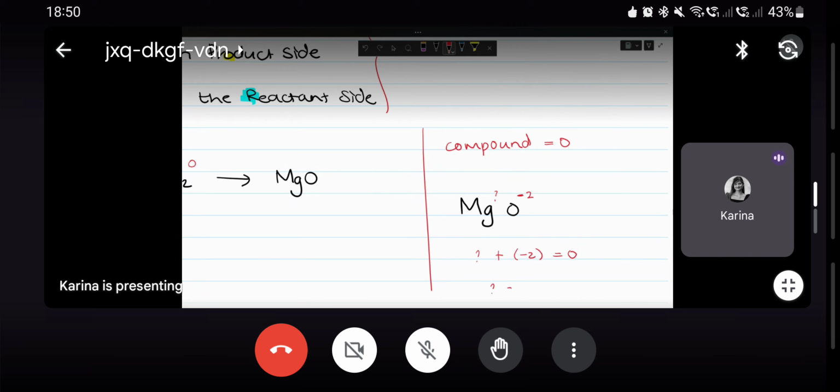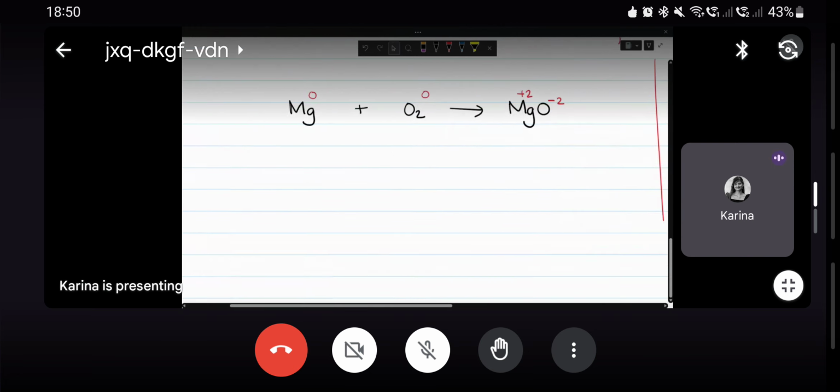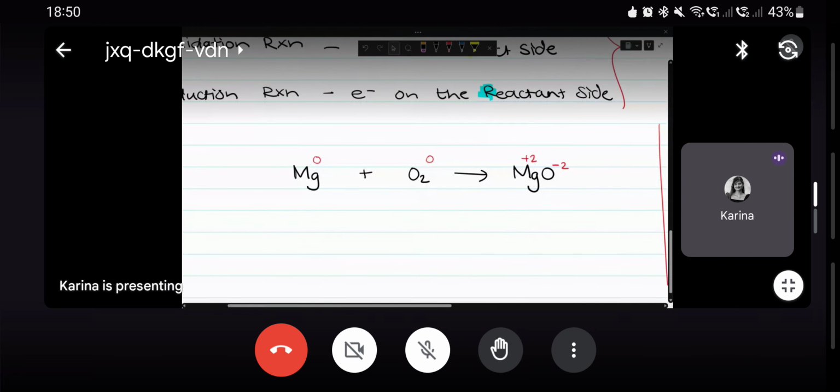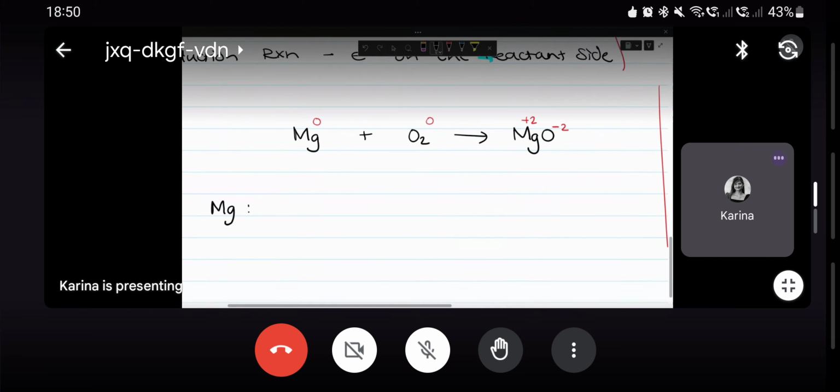So now let's write it down on our equation. This is -2, this is +2. Okay, so we've identified the oxidation number for each element in the chemical equation. The next thing we're going to do is see how that number is changing. If we look at magnesium, the oxidation number is going from 0 to +2.